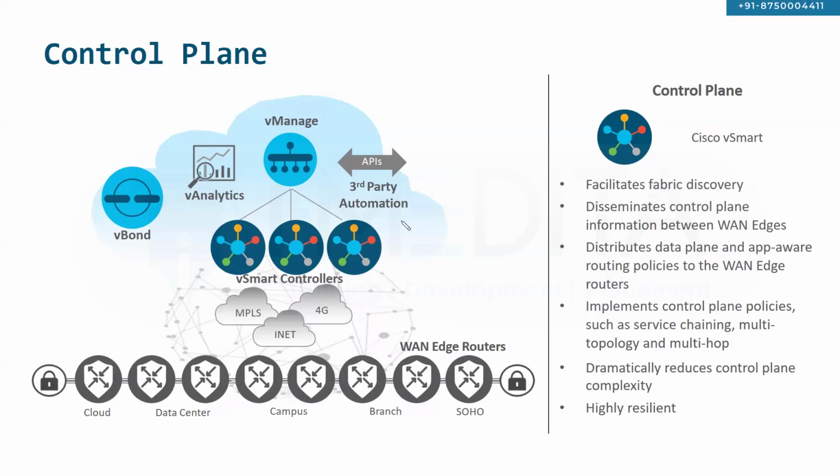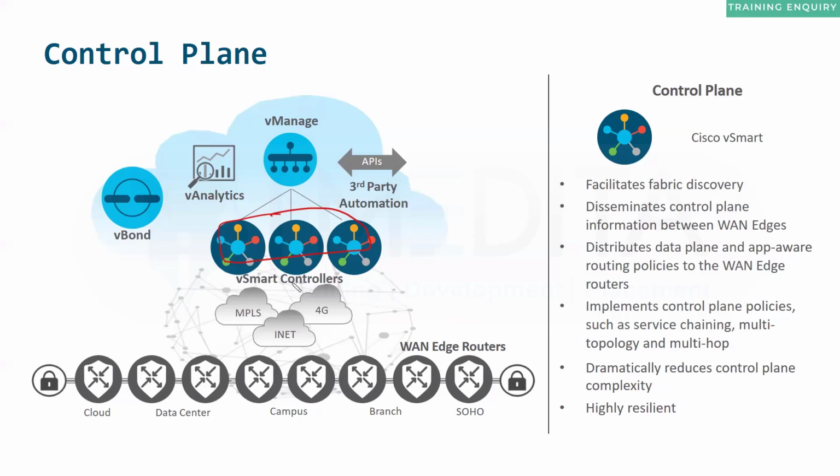In a similar way, OMP has different parameters which you could leverage to modify the path selection, and I'm not moving into that discussion as of now. All I wanted to tell you is that you can modify the policy on vSmart, and you could modify the path selection for all 500 remote sites at once.